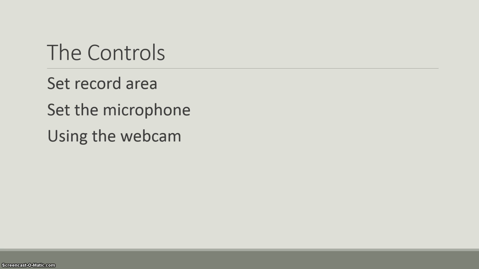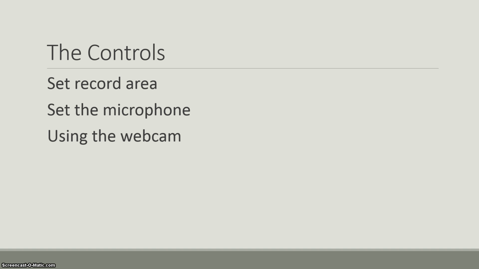The basic controls are: we can set our record area, which means what part of the screen we are going to capture. Secondly, we can set up a microphone, so not only will it record the screen area, but it will also record voice or sound or music. And third, I'll show you how to set up your record area as well as do a picture-in-picture with the webcam.